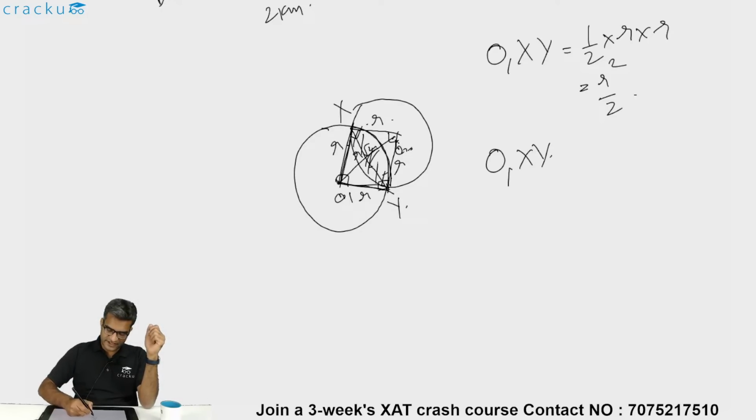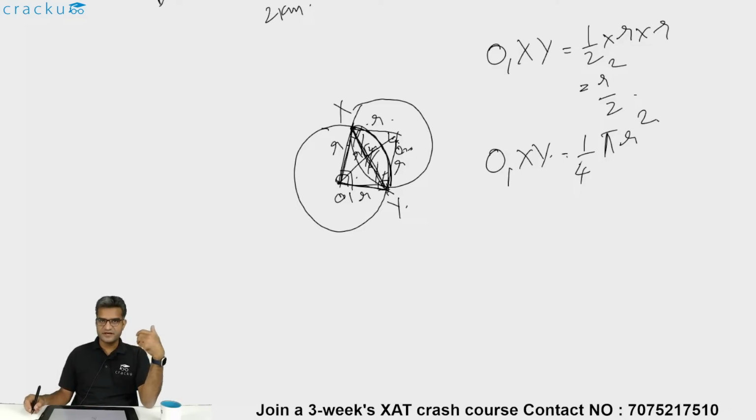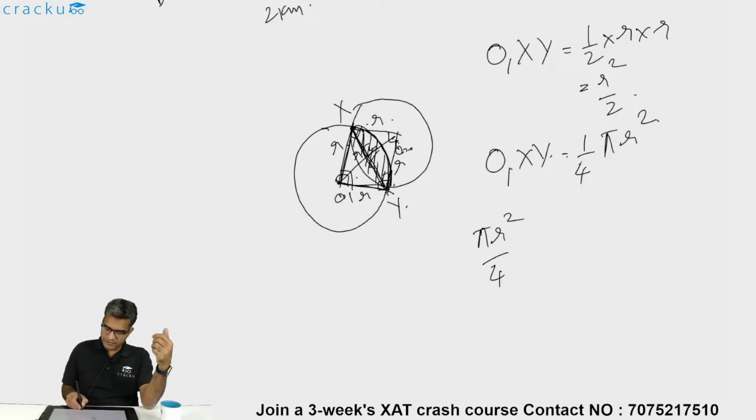The area of this sector, because this angle is 90 degrees, will be 1/4 of the area of the circle, which will be 1 by 4 into pi R square. So from the area of the sector, if you are removing the area of the triangle, you are going to get the area of this particular one. So that area will be equal to pi R square by 4 minus R square by 2. You multiply it by 2 to get this area also on the other side.